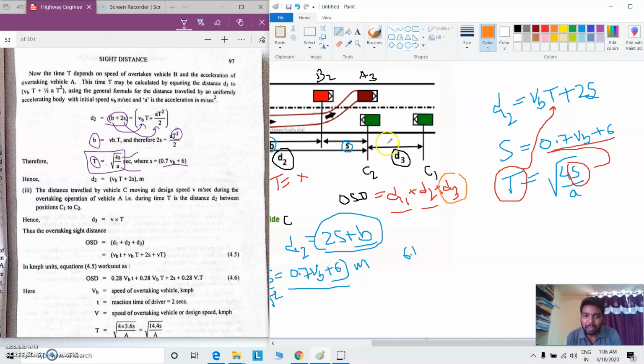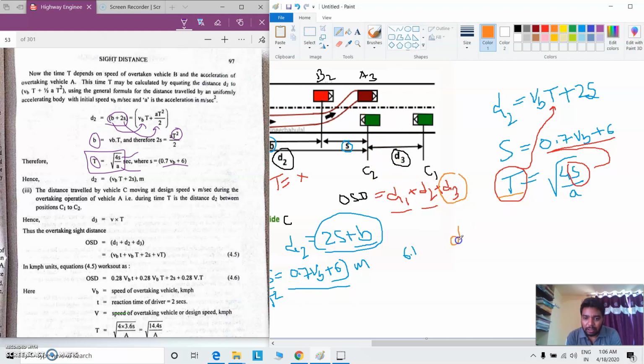That specified time is nothing but the time taken by the vehicle a. Whenever the vehicle a is traveling with a time, in that time only the vehicle c is traveled from position c1 to position c2, right? So the time is considered same as this time for this vehicle.